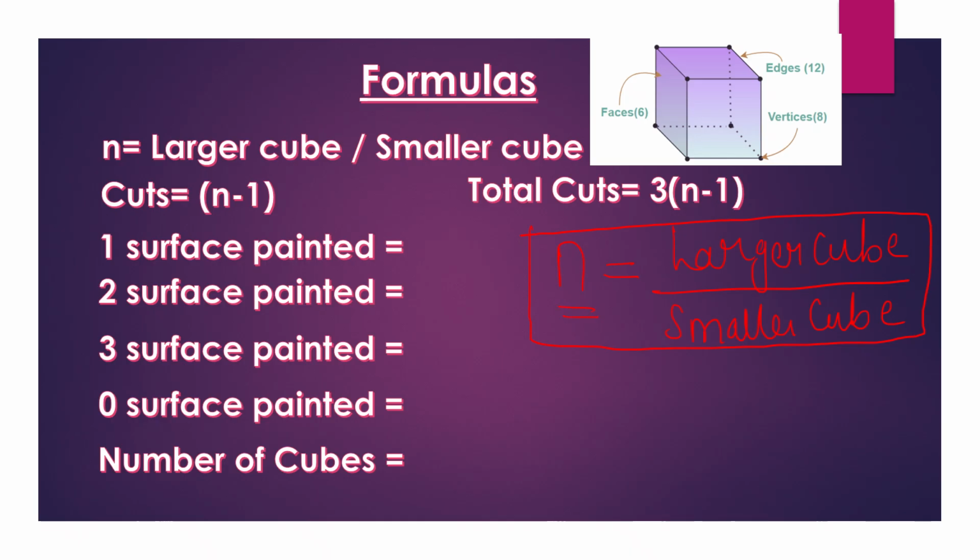Then you have cuts. Now what is cuts? Cuts means if you do like this on a face of a cube, these are called cuts. So cuts, basically the formula is n minus 1. Basically the formula for one face of a cube. If you want to find out the cuts, then it is n minus 1.